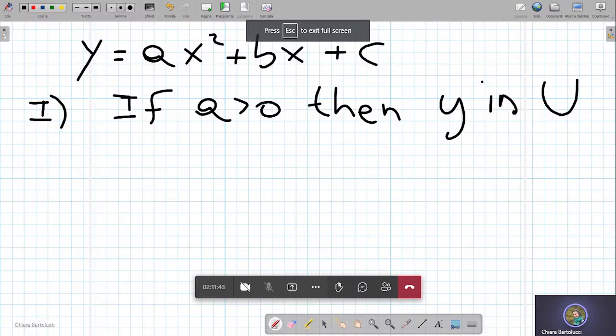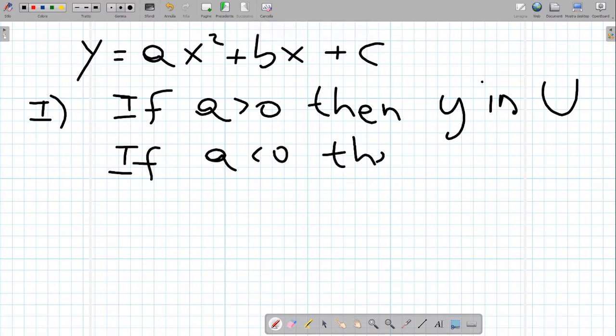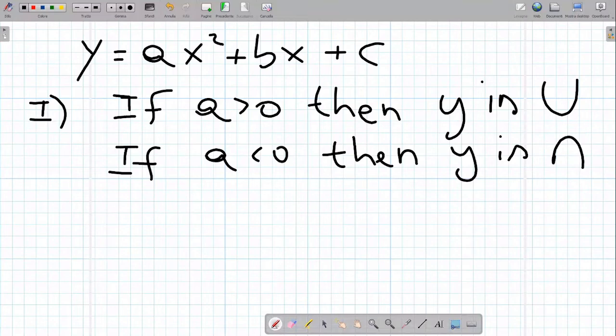Okay, so we should draw something like that. If a is negative, then y is concave. So you should have something like that.